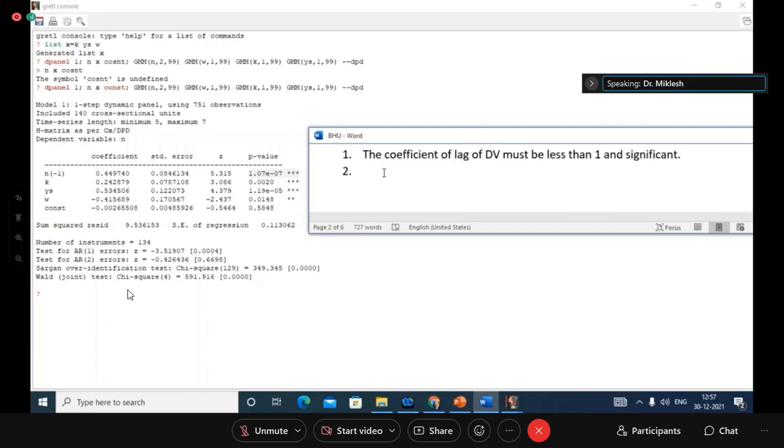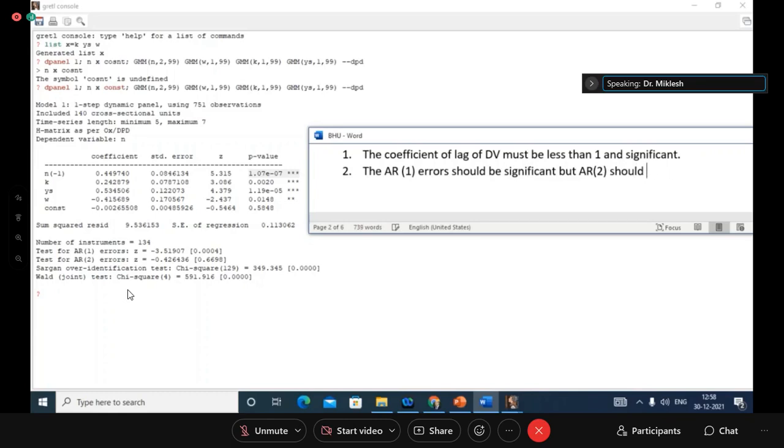Second condition. The AR1 errors should be significant, but AR2 should not be significant.